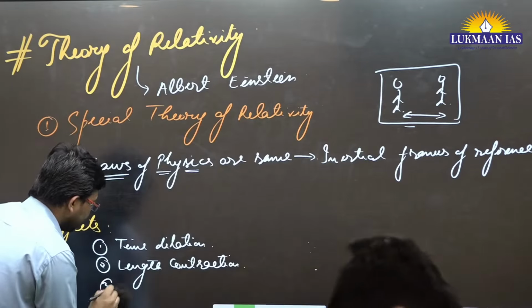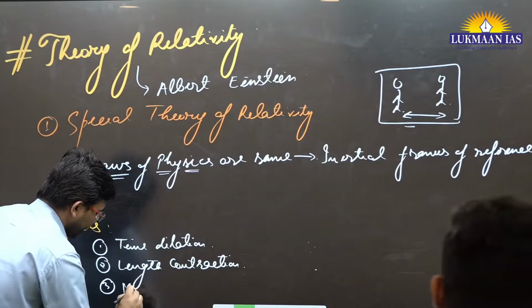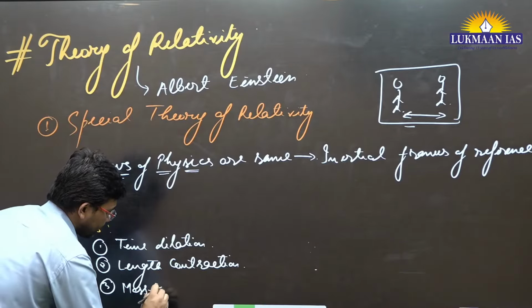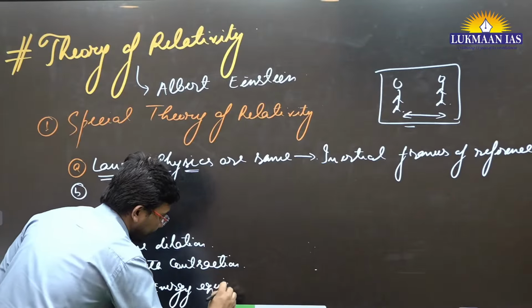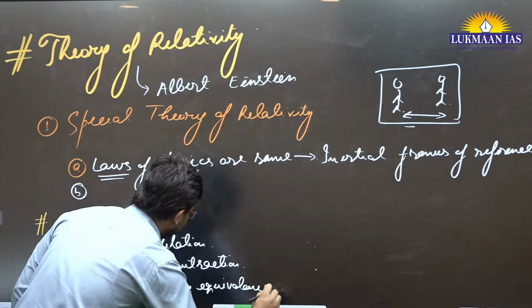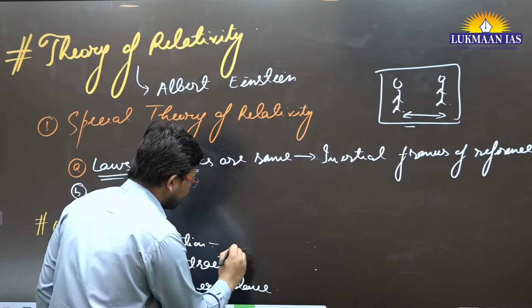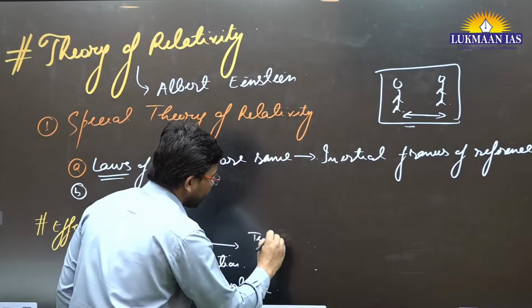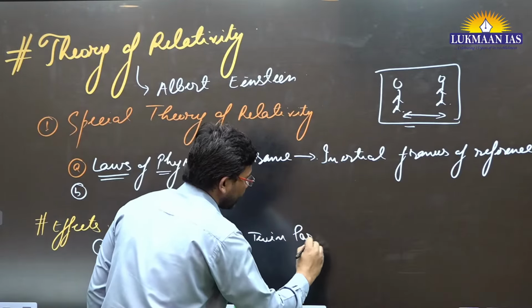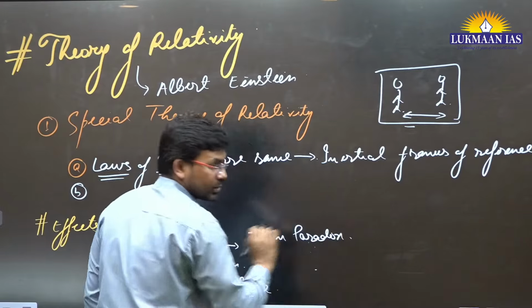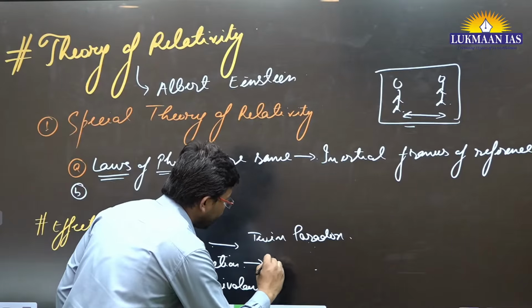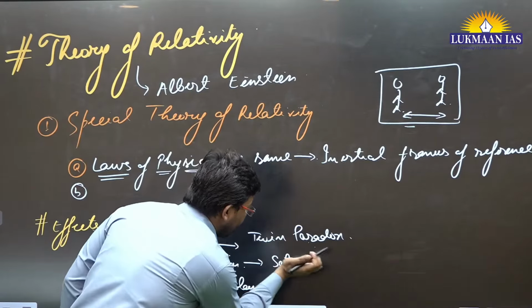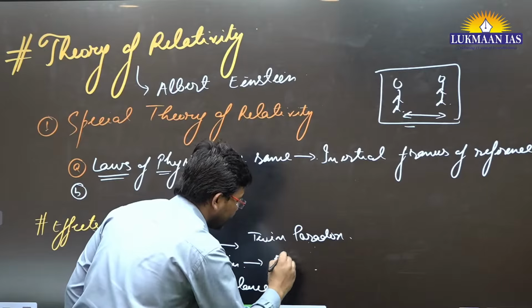The third thing was mass energy equivalence. To understand time dilation, we talked about the twin paradox, right? Length contraction, related to this we talked about atomic clocks on satellites.